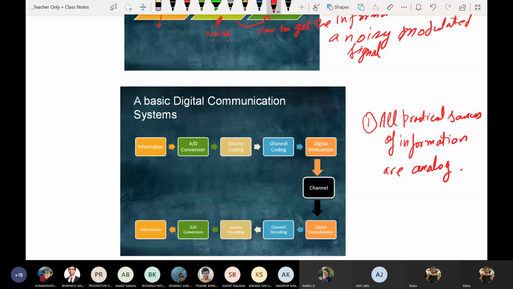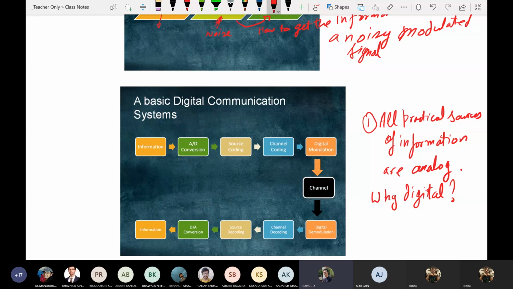Then the question is, why digital? Why digital? Guesses? Because it is easier to separate noise from the digital signals.